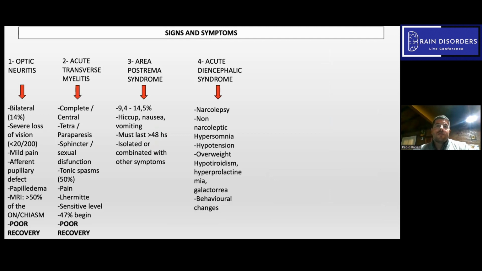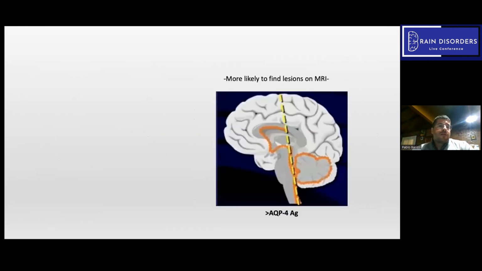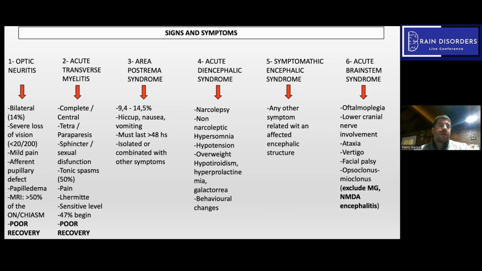So, signs and symptoms. Optic neuritis is the most frequent symptom, but acute transverse myelitis is also present in approximately 47%. In optic neuritis, it could be bilateral. In multiple sclerosis, it's really rare to have bilateral optic neuritis. So when we have bilateral, we have to think of NMO.